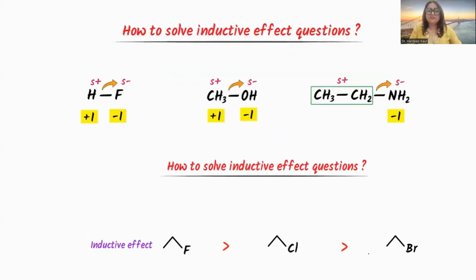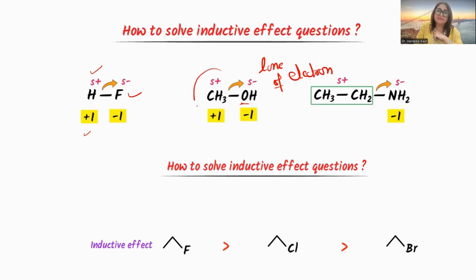Now, suppose you have this question. This is HF, CH3COH, and here it is CH3CH. Fluorine is more electronegative, so it will have minus I effect. But OH, because oxygen has a lone pair of electrons.